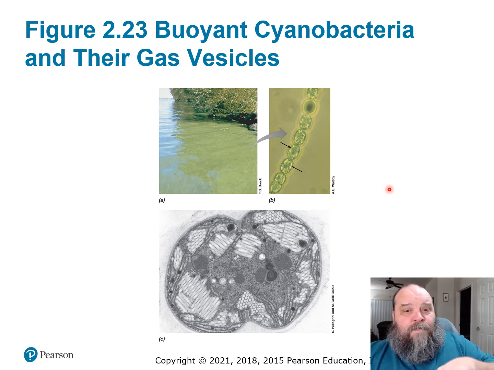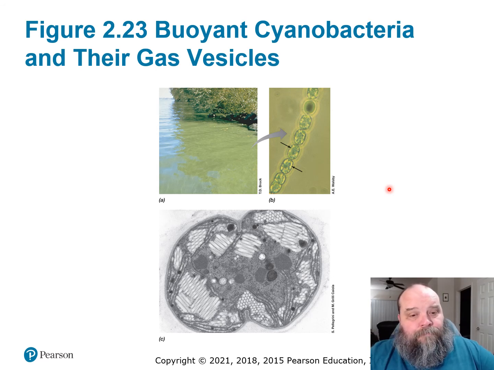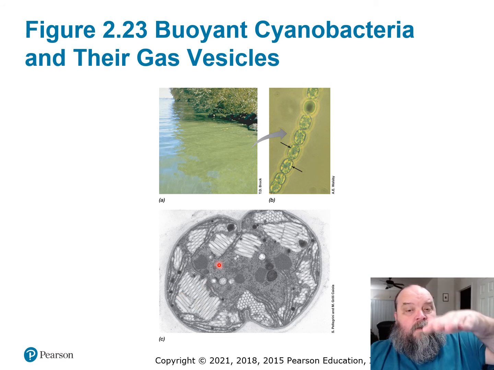If they sink down too far into the water column, it turns out that UV radiation, those photons of light, aren't going to be able to pass down far enough for them to be excited. So they need to be up at the top. What they've evolved to have are little gas vesicles that make them buoyant, kind of like when you wear a life preserver. You're always going to float to the top. Same with these guys.